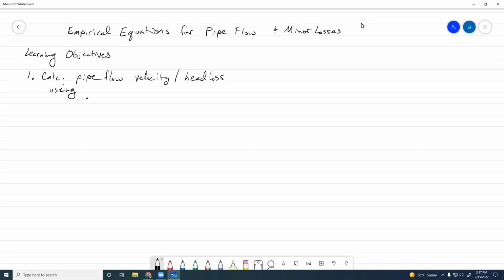The first one is called Hazen-Williams, and the other is called Manning's. These are two different equations that we'll use. We're going to discuss the relative accuracies of these.